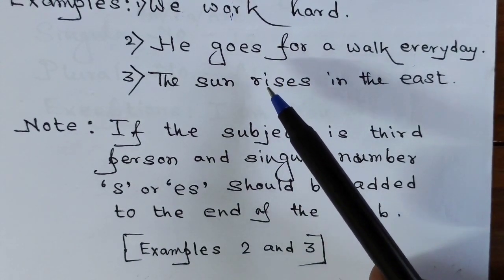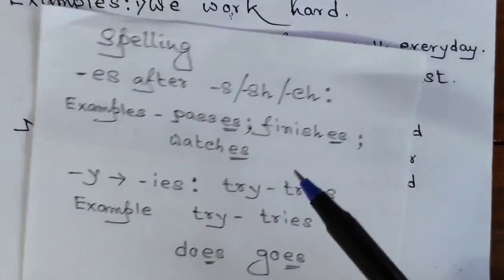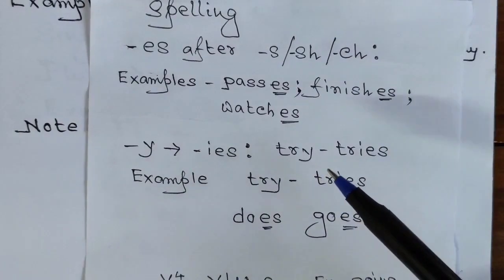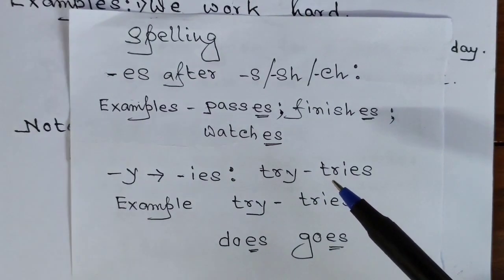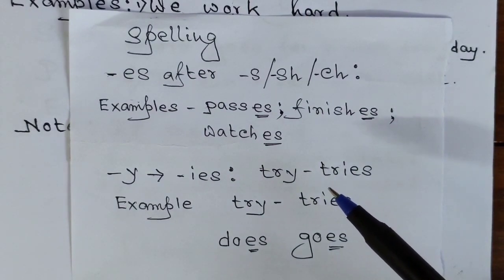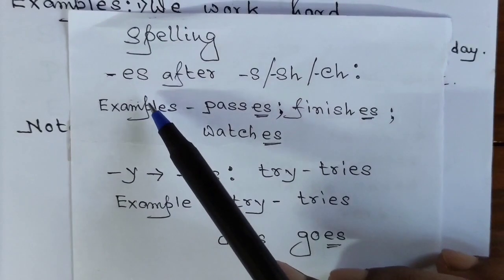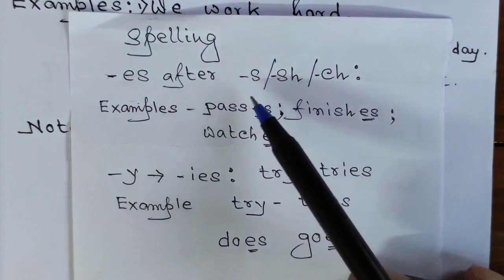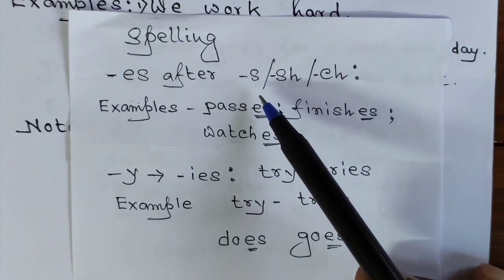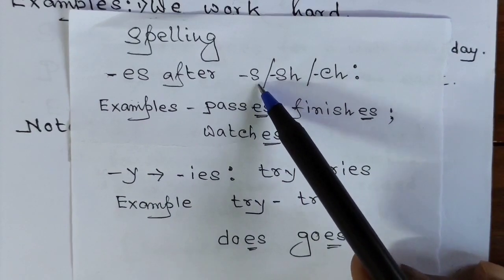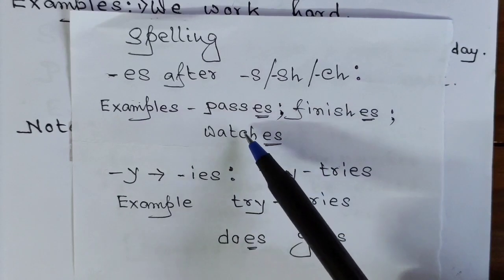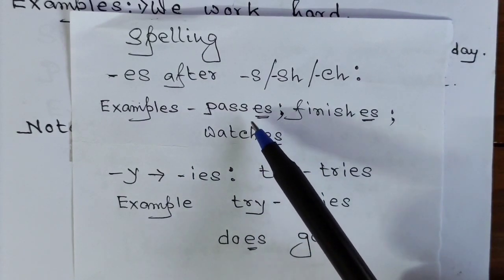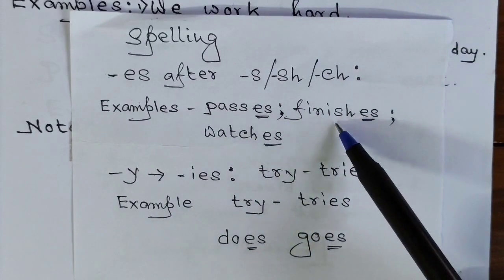Now let's have a close look at those words where we are supposed to add es. Okay, we are supposed to add es after those verbs ending with s or sh or ch. Just have a close look at the examples written over here. Passes, finishes, watches.